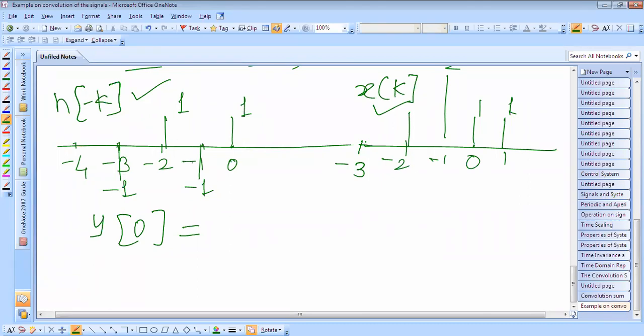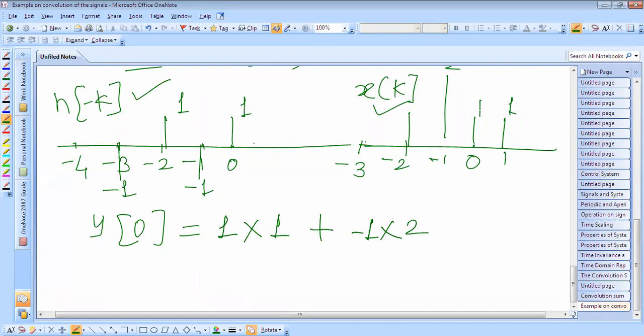So at -1 it is 1, and at -2 input is also 1, plus at -1 it is -1, and at -1 it is 2.